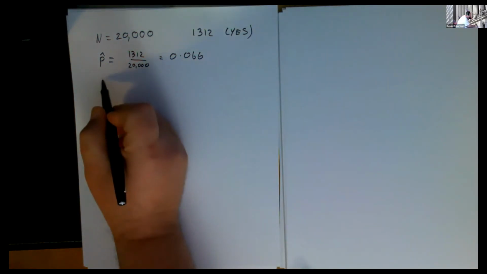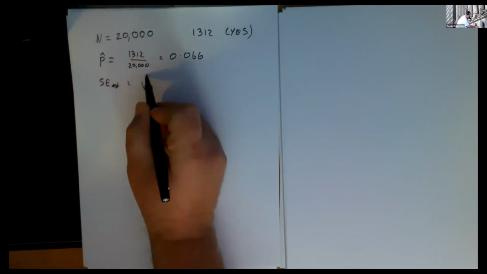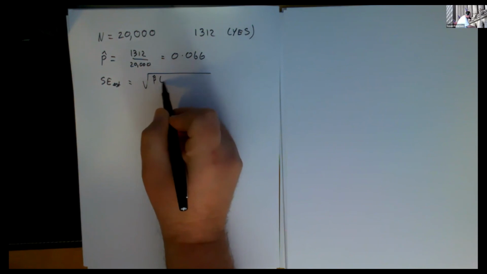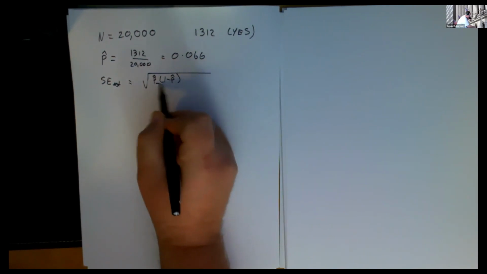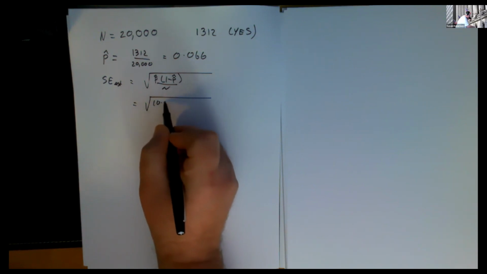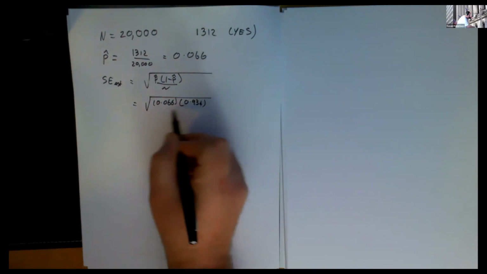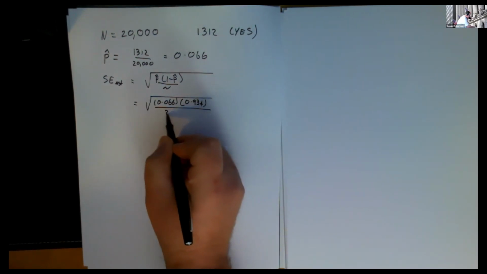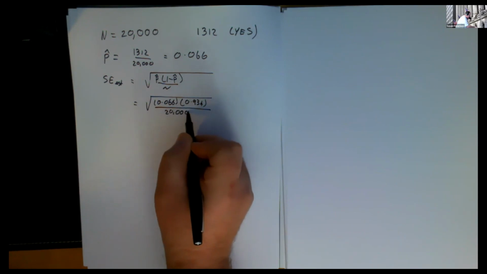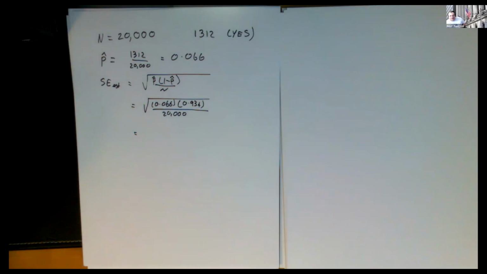Now, the standard error of the estimate is the square root of p hat, 1 take away p hat over n. It's the square root of 0.066 times 0.934 divided by 20,000. I haven't done it yet, I expect that to be a very small number.